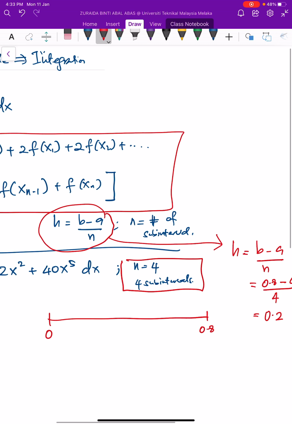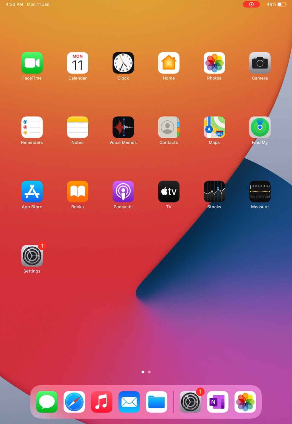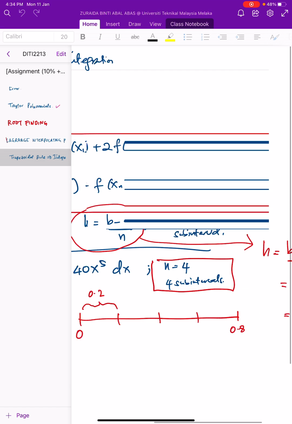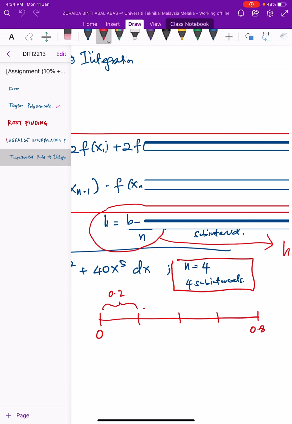What does it mean? It means that you need to divide your whole scale from 0 to 0.8 into 4 subintervals, and this is the gap. So the gap is 0.2, 0.2, 0.2, 0.2.